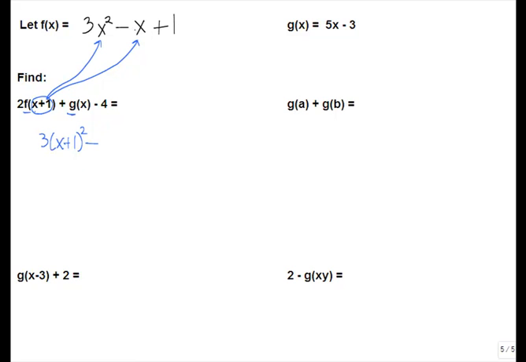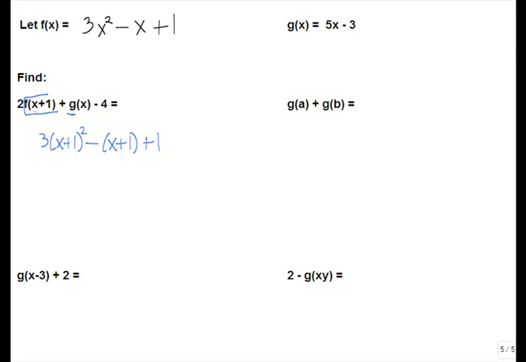Then we're going to subtract x again, but remember our input has changed to x plus 1, keeping it wrapped in parentheses, and then we have our plus 1 on the end. So it should look like 3x squared minus x plus 1, like the original function, but where I had x before, now I have x plus 1s instead. So that represents this part of the problem right here.